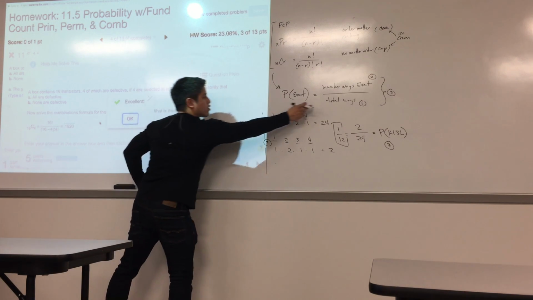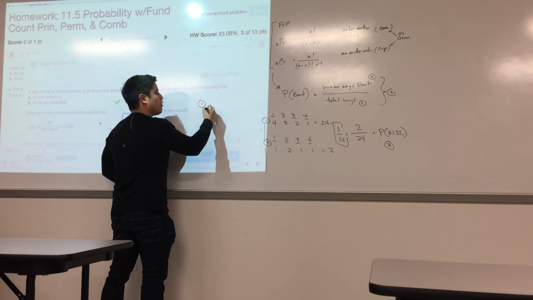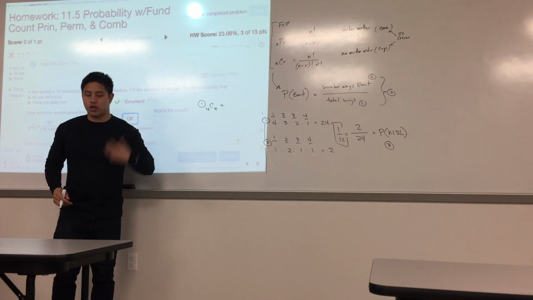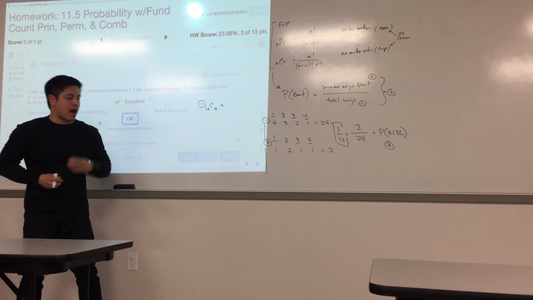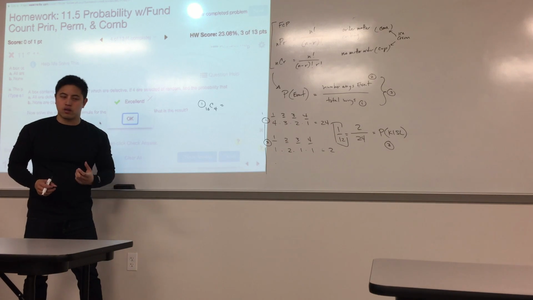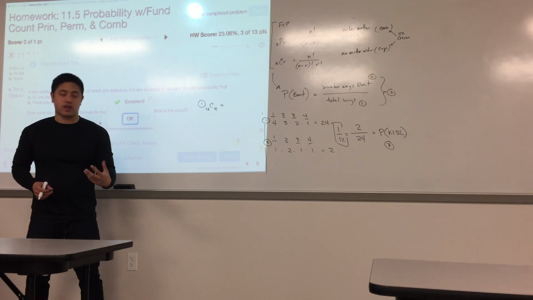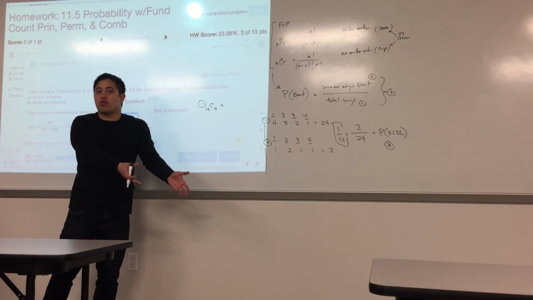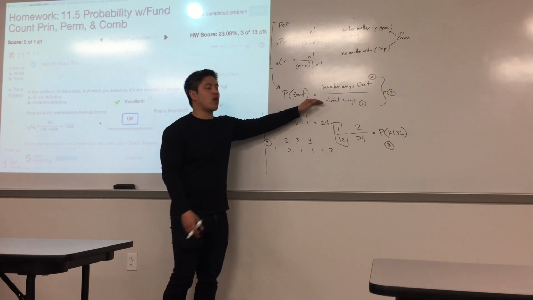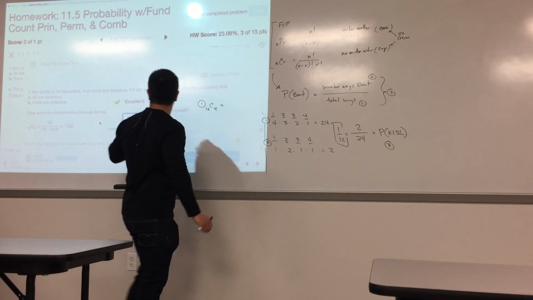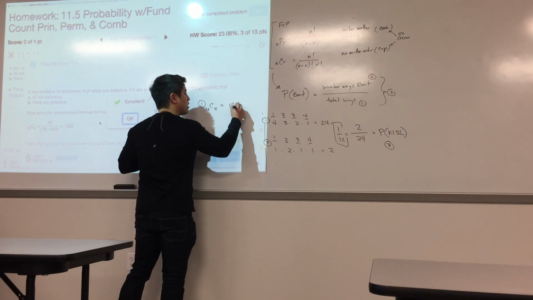Now, let me back up so I can show you the same process. First, we have to figure out the total number of ways to select 4 transistors from 16. Isn't that true? You're selecting 4 out of the 16 transistors. We can't say which ones are defective or not defective. They all are lumped into the same group. So you first have to figure out all the possible ways you can select 4 from 16, and that's going to be 1820.